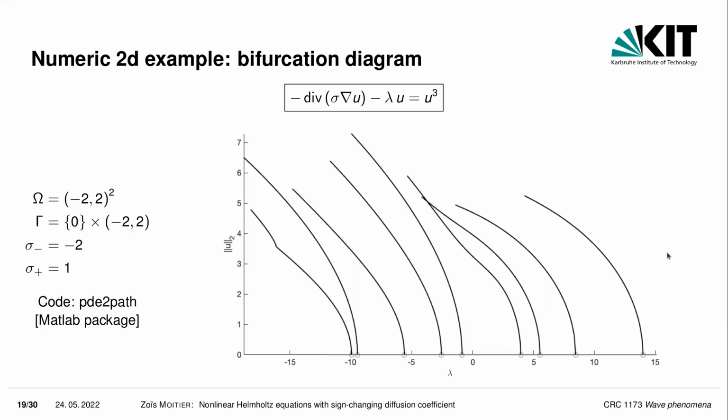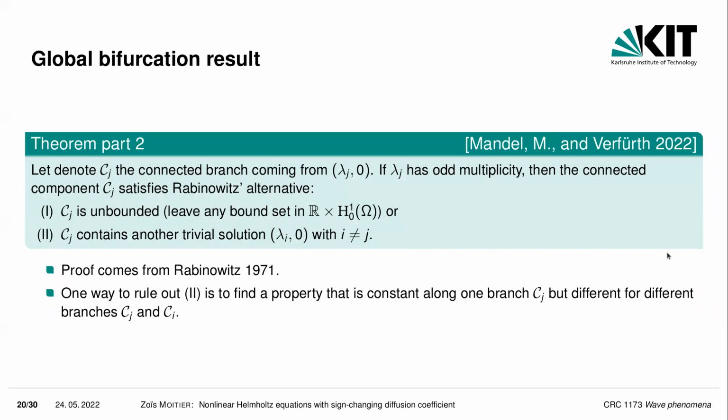Okay, but we actually can say a little bit more about this branch, this CJ branch, this connected branch coming from the bifurcation points. We know that if the eigenvalue has odd multiplicity, then the branch will satisfy what's called the Rabinowitz alternative, which means it can only do two things.